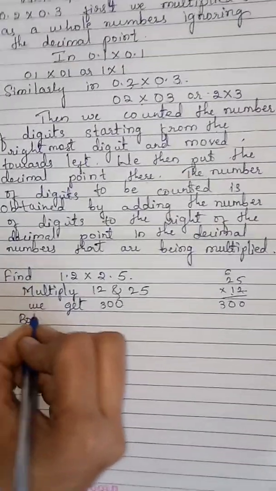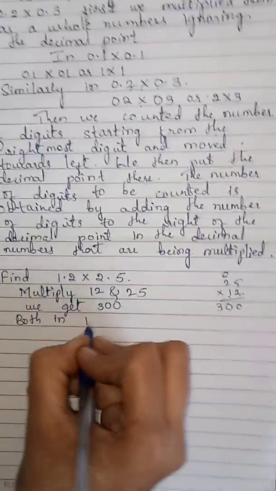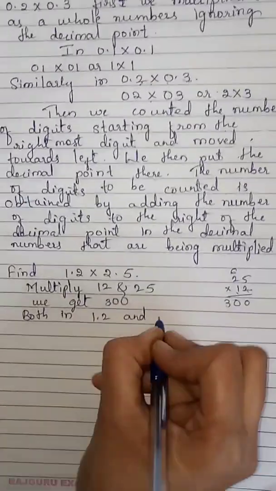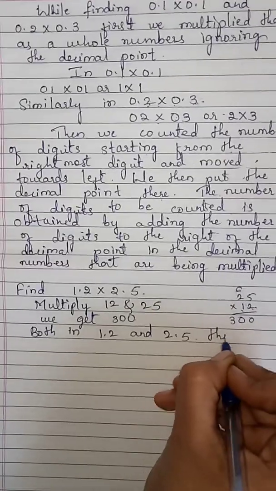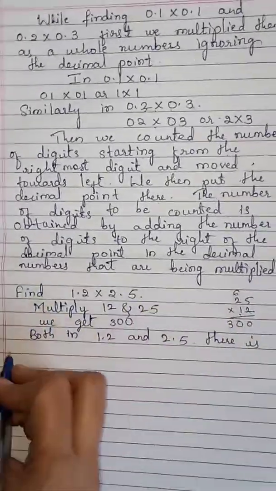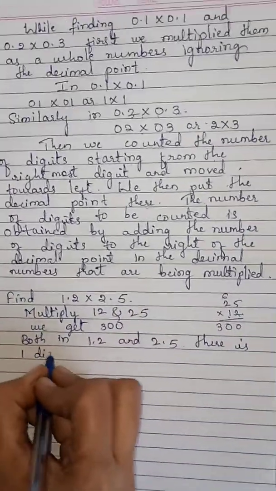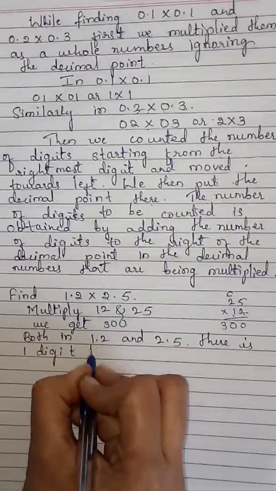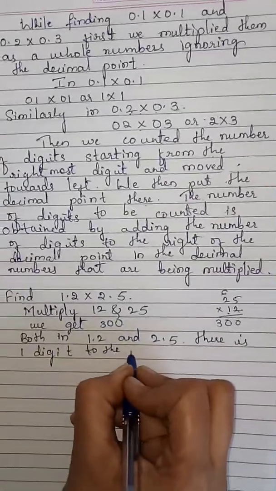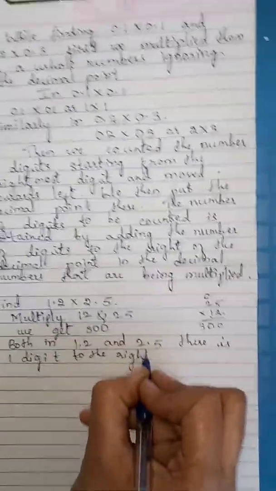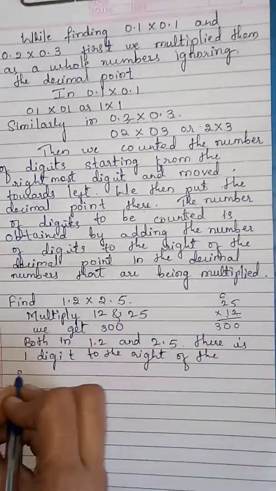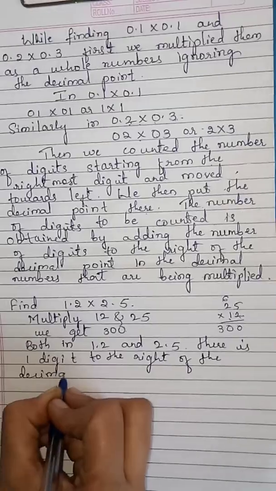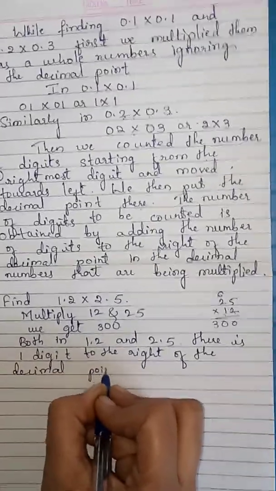We get 300. Both in 1.2 and 2.5 there is 1 digit to the right of the decimal point.